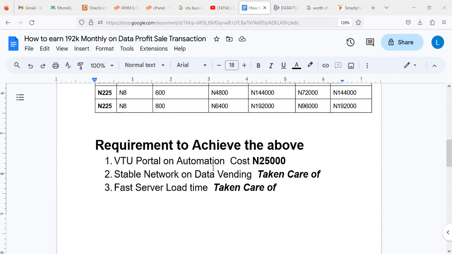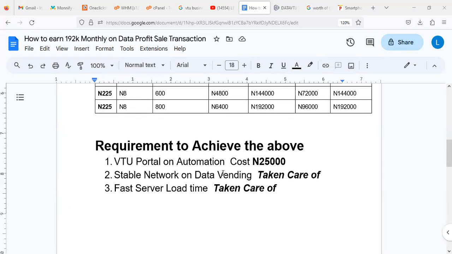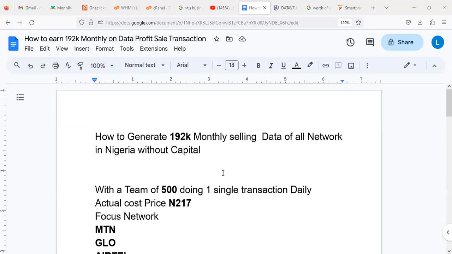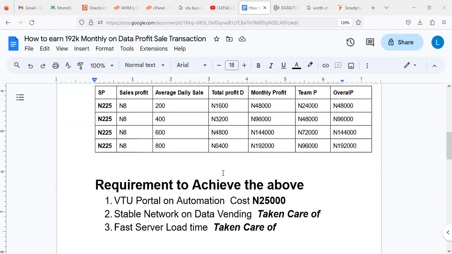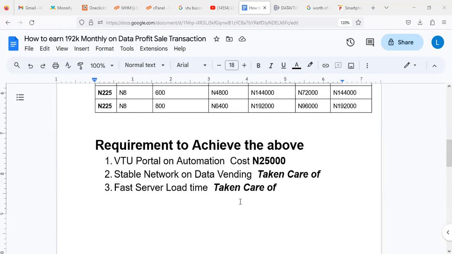Now, the requirement to achieve the above income potential, which is making how much? 192K monthly. What are the things you need? One, you need a VTU portal on automation, just like I said. Now, a stable network on data vending. Okay, this one has been taken care of.